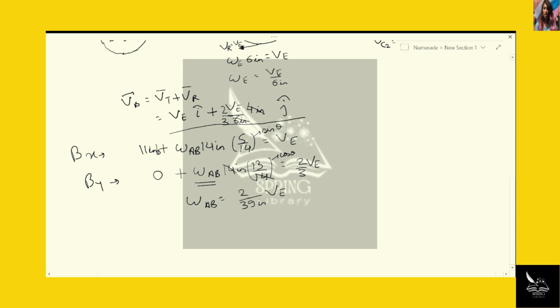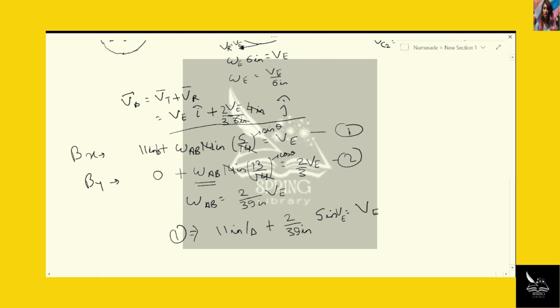And then if we put this back in equation 1, so this is equation 2, this is equation 1. Equation 1 will give us 11 inches per second plus 2 by 39 inches, 14 inches, and then 5 by 14. Actually, we should have cancelled this 14 here itself. So that 14 is cancelled, and we just have 5 inches equals VE. And then here also we had a VE.